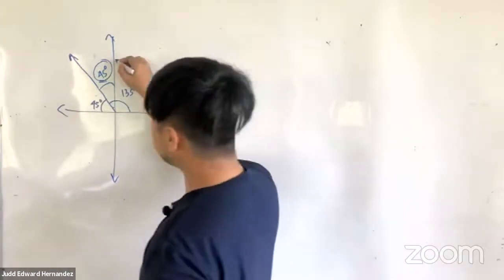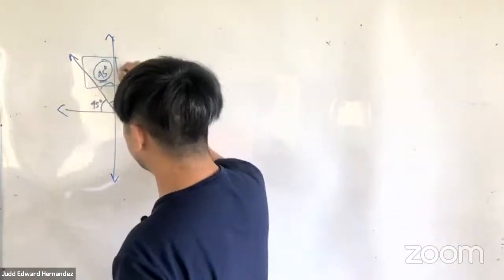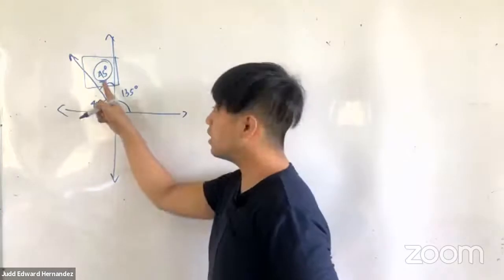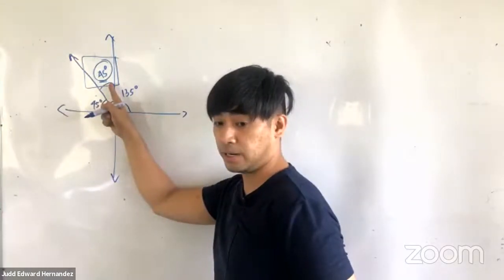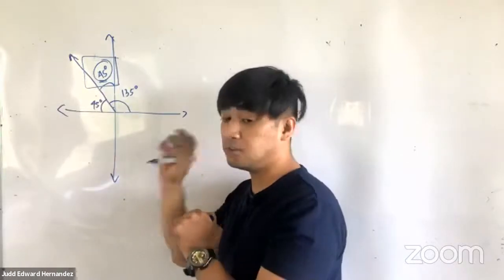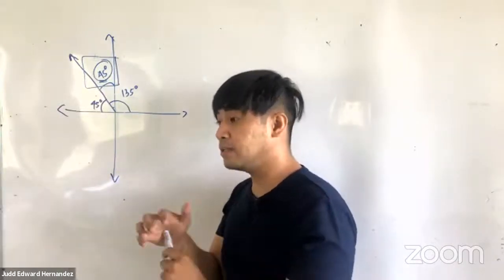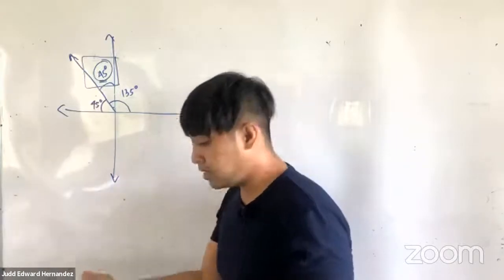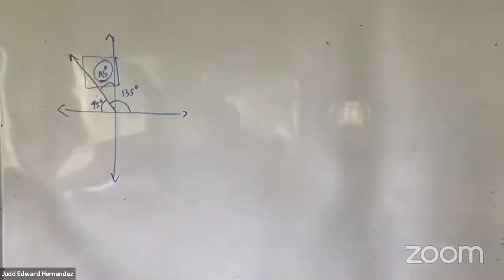Hindi natin pwedeng piliin to, even though this is also 45 degrees, this is not the reference angle for this one because it is sandwiched between the terminal side and the y-axis. The reference angles should always be between the terminal side and the x-axis.